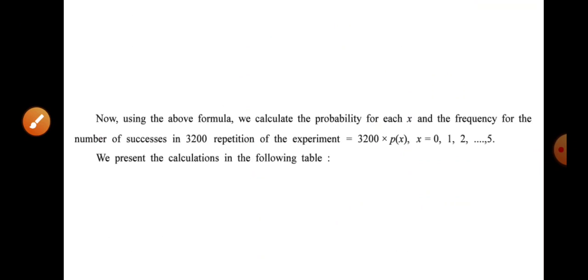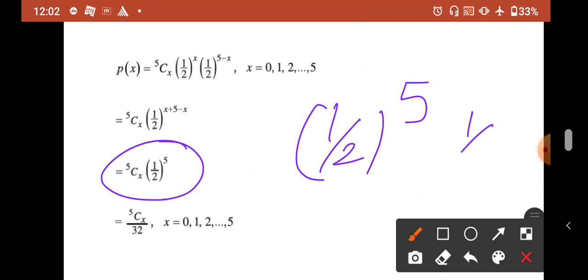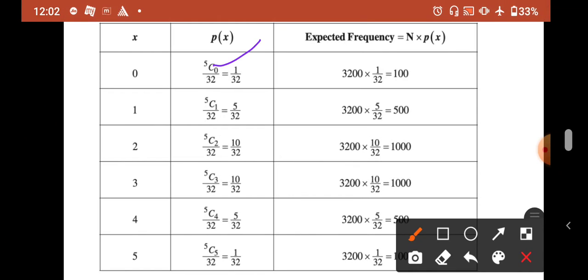Hopefully you have got the answer. Why? Because for ease of understanding we have kept 1 by 2 power 5, so the denominator is 32. What will change the answer? The 5cx will change the answer. So that's why it became 1 by 32, 5 by 32, 10 by 32, 10 by 32, 5 by 32 and 1 by 32.